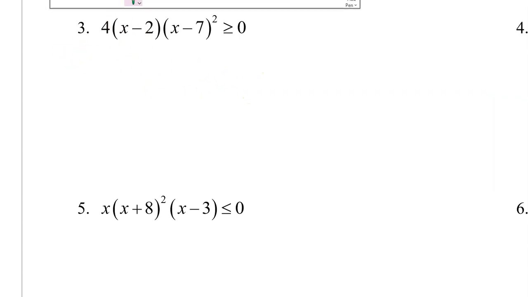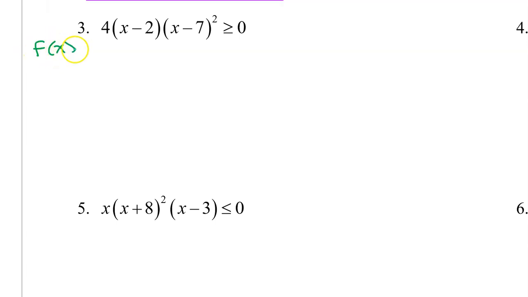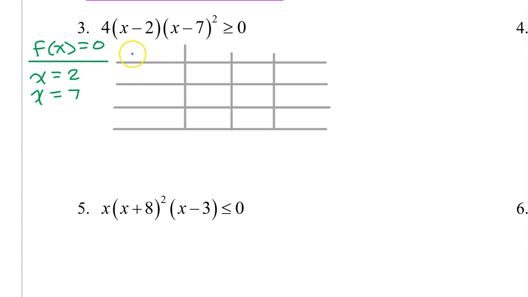So step 1 is to make a list of the zeros. So where does f of x equal 0? That's going to be at x equals 2 from this factor, and x equals 7 from that factor. Now we make a sign chart. I'll label it as f of x.